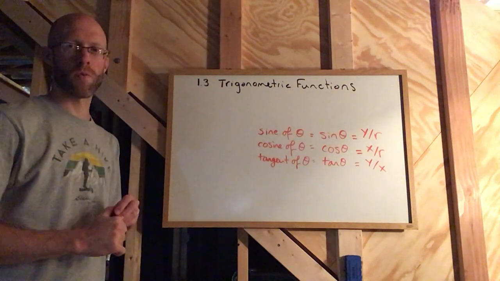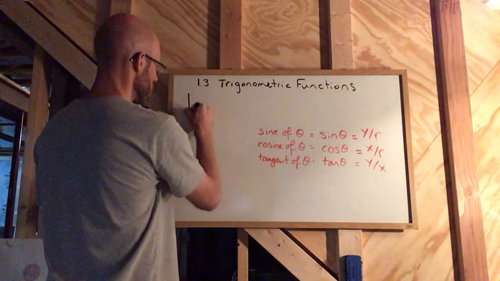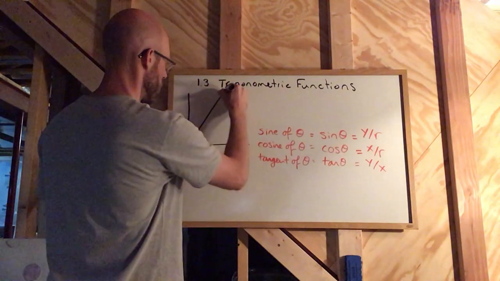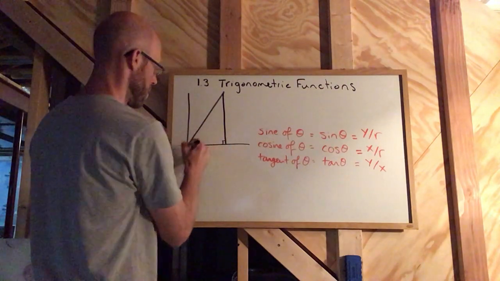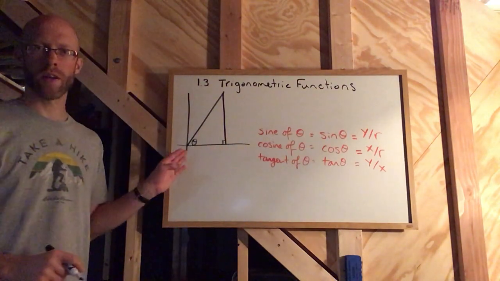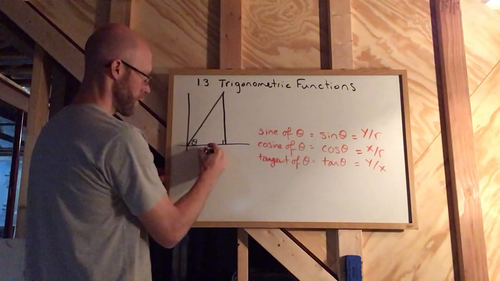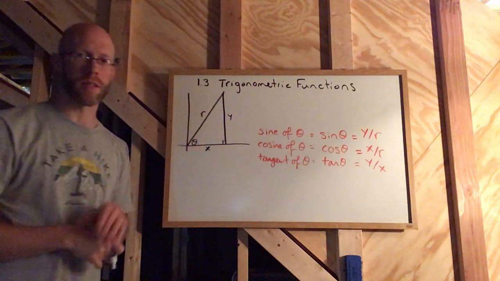Now, if you remember where or how that triangle was situated, okay, so here's my triangle. I've got theta, I've got the right angle. I'm going to have x as the horizontal side, y as the vertical, and r as the hypotenuse.